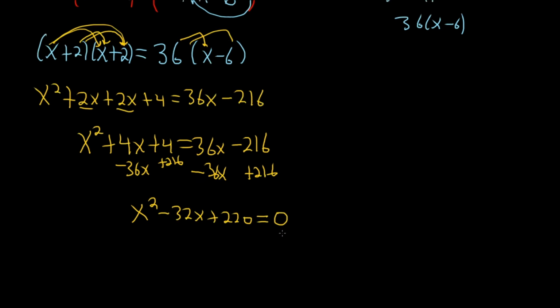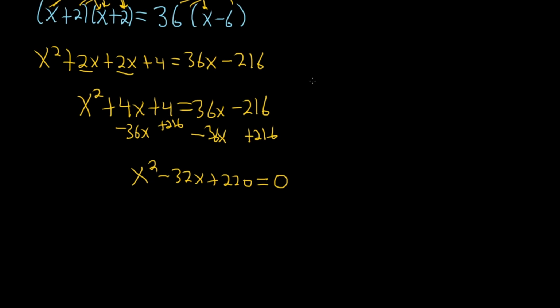Okay, so now we have to attempt to factor this. So 220, wow, what multiplies to 220? Let's think. I'm thinking really basic here, but 10 and 22, that's going to give us 220. Now we're trying to think of what can we add to get negative 32. 10 times 22 will give us 220. That's an option, right?